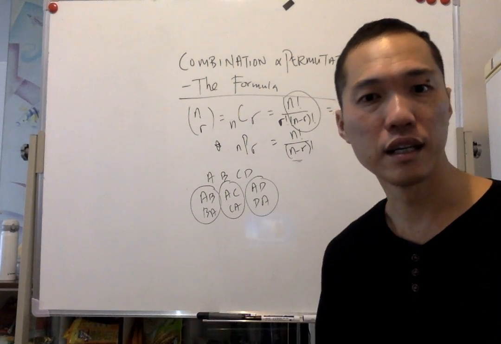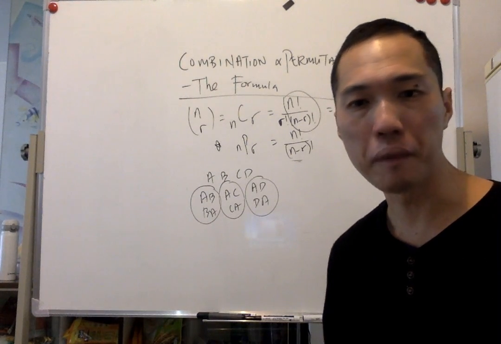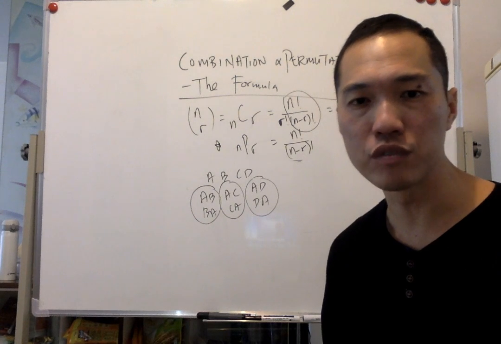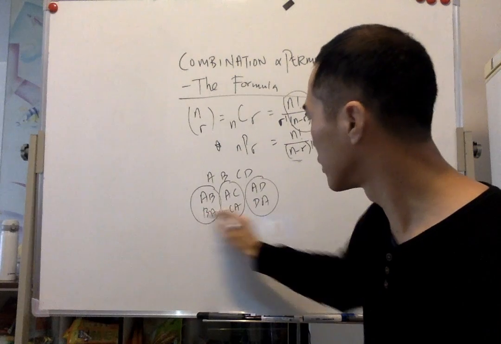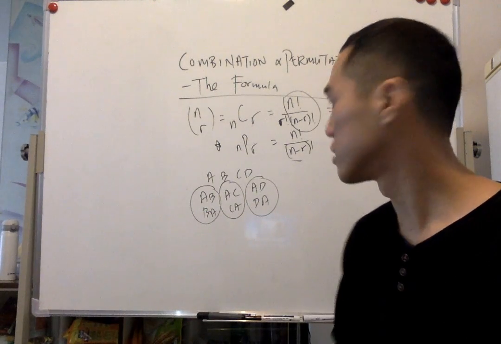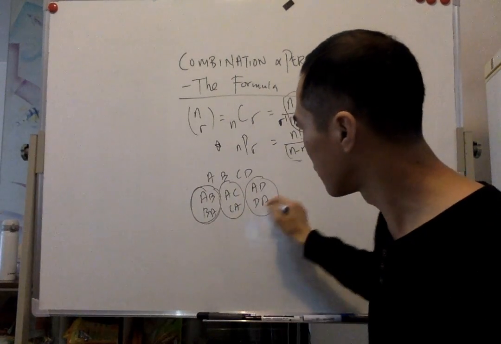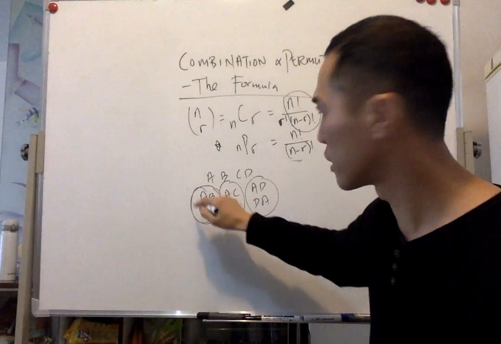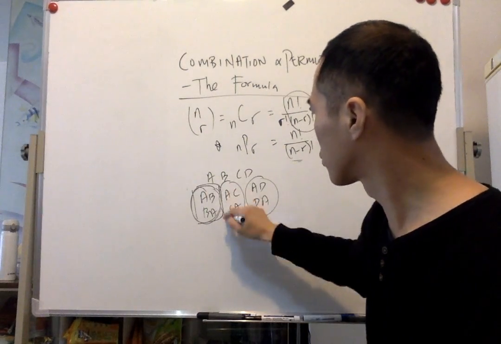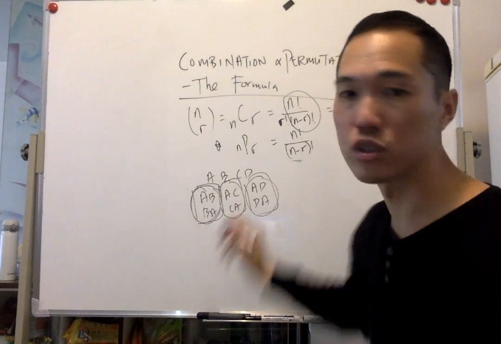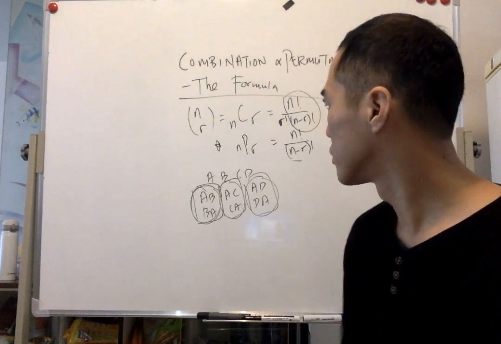In this case, you will notice that for permutation, you have to divide by 2. Six of them divided by 2, because each combination has 2 arrangements for permutations. So how do I do that?